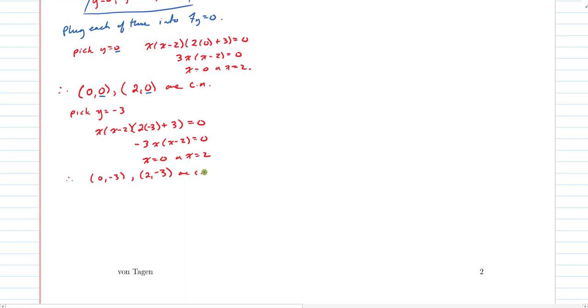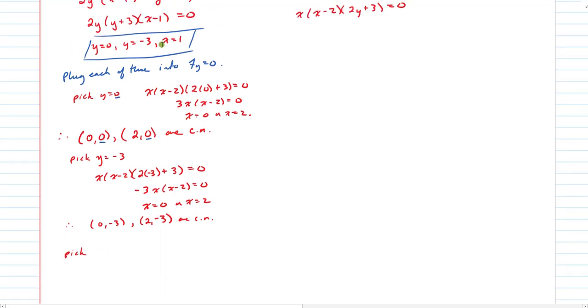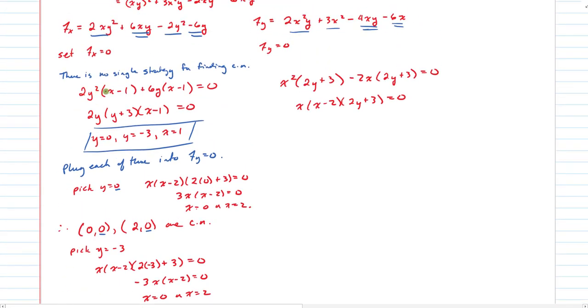Those are critical numbers. Finally, let's pick the last one. Let's pick that the partial derivative of f with respect to x is 0 when x is 1.